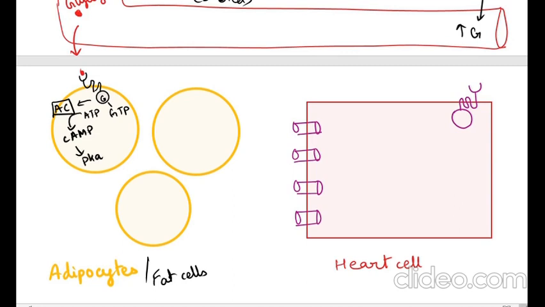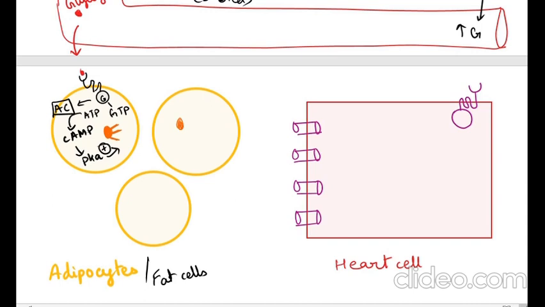I think you all know all of these, right? So it will give a positive signal to what? We have triglycerides present out here, a big molecule, 3 long fatty acid chains and a glycerol. So what will happen? This will break down this particular molecule.